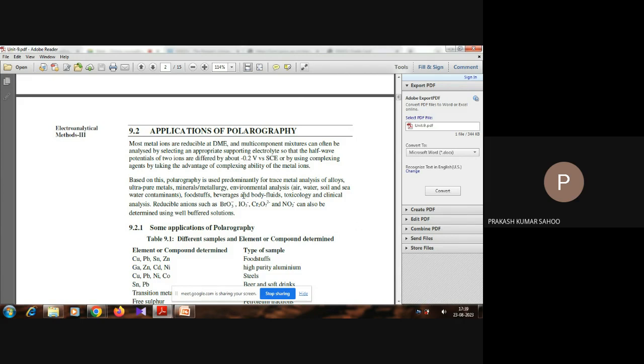And a multi-component mixture can often be analyzed by selecting an appropriate supporting electrolyte. The supporting electrolyte is generally a salt, generally potassium nitrate, so that the half wave potentials of the two ions differ by about 0.2 volt versus saturated calomel electrode, or by using a complexing agent. This complexing agent is EDTA, ethylenediaminetetraacetate ion, taking advantage of the complexing ability of the metal ion.